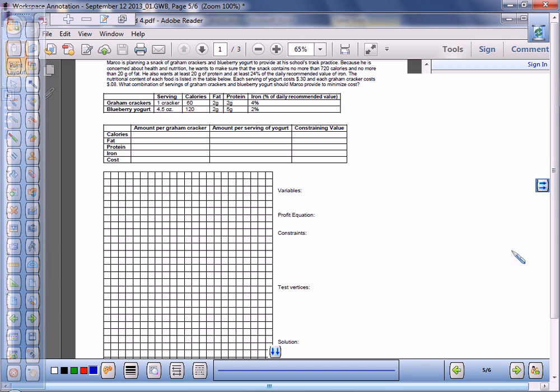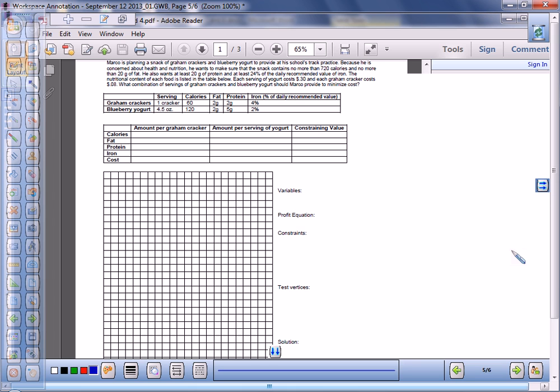So today's example: Marco is planning a snack of graham crackers and blueberry yogurt to provide at his school's track practice. Because he's concerned about health and nutrition, he wants to make sure the snack contains no more than 720 calories and no more than 20 grams of fat. He also wants 20 grams of protein and at least 24% of the daily recommended value of iron.